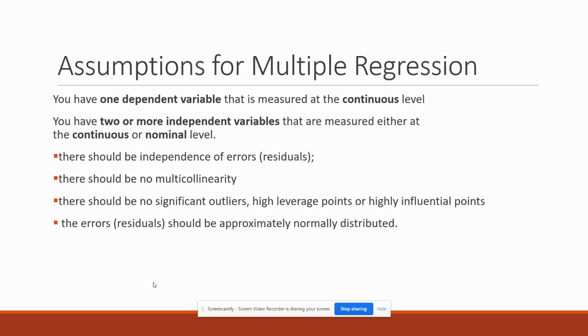There should be independence of errors, which are residuals, and we'll go into this. There should be no multicollinearity. There should be no significant outliers, high leverage points, or high influence points. And the errors, which we also call residuals, should be approximately normally distributed.